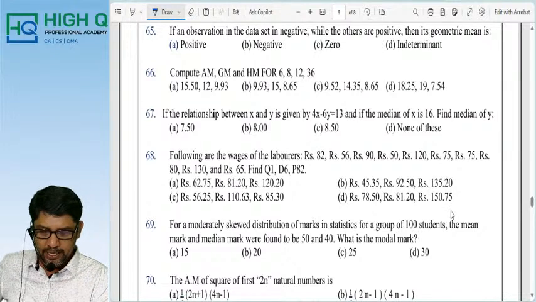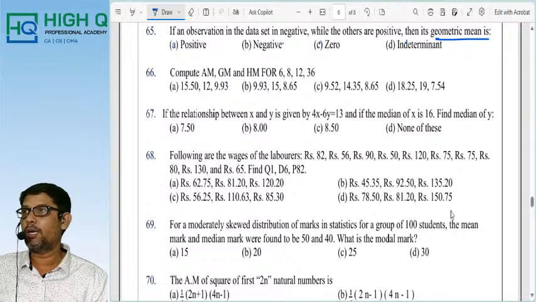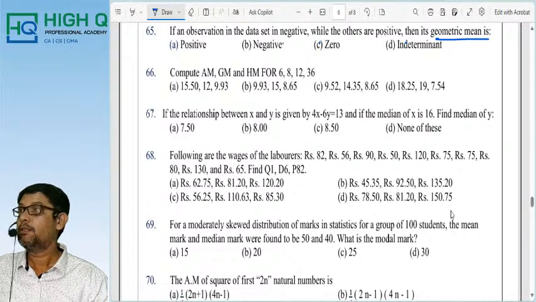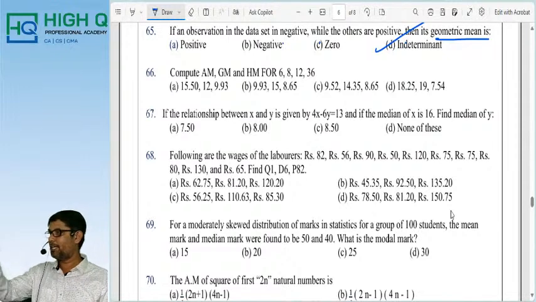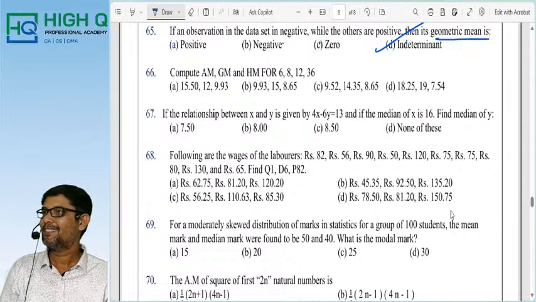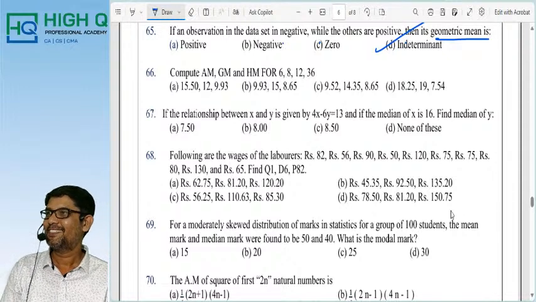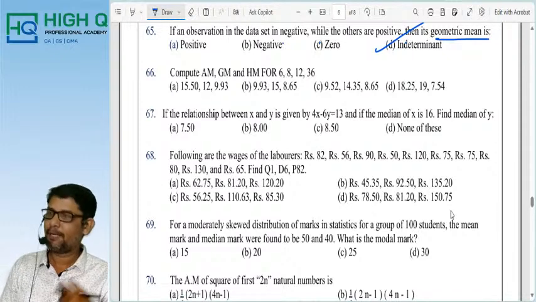Keep on solving it. If one observation is negative, while the others are positive, then the geometric mean is what? Indeterminate. When any one of the observations is negative, the geometric mean is not possible. Under the root it will come, no idea. Tell me.